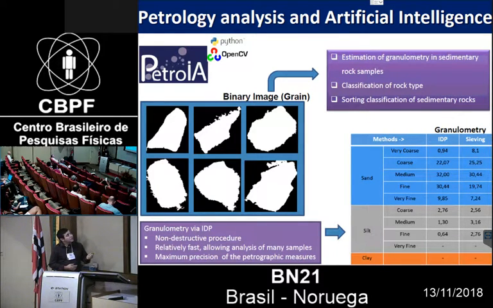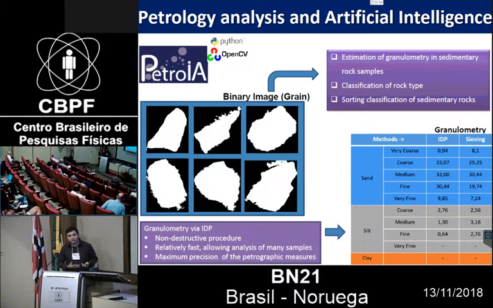We also have in this implemented software automatic measurements of micro CT to do granulometry. The good part of doing granulometry with digital rock physics is that it's non-destructive, in the sense that you keep the same sample.